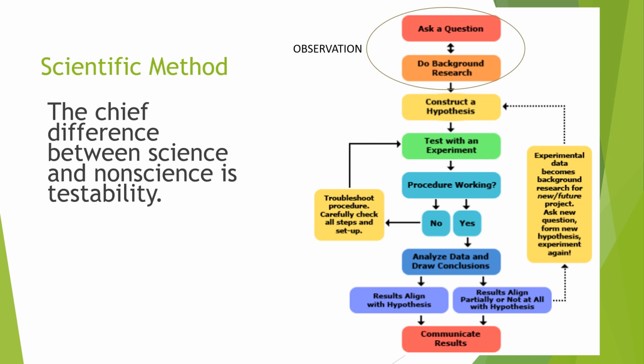Please look at the yellow box at the right of the diagram. It says experimental data becomes background research for new future project, and ask new questions, form new hypotheses, experiment again. Because, okay, what happens if the results don't align or align a little bit with your hypothesis?